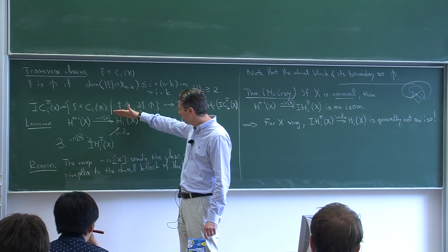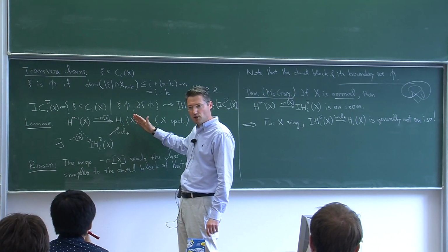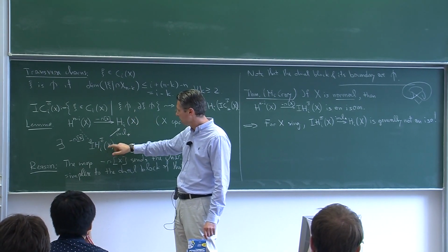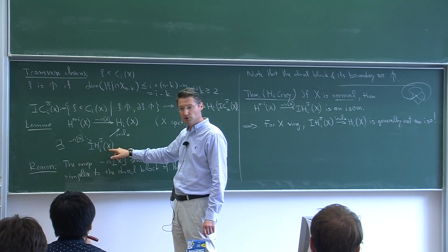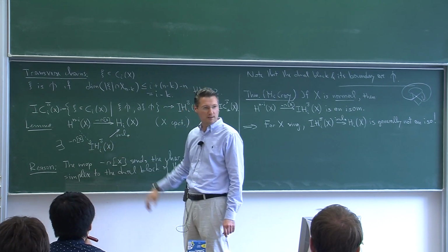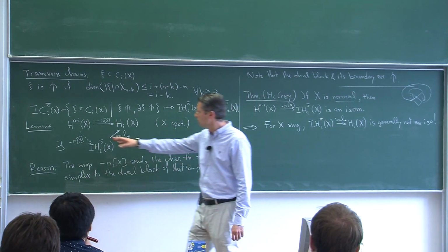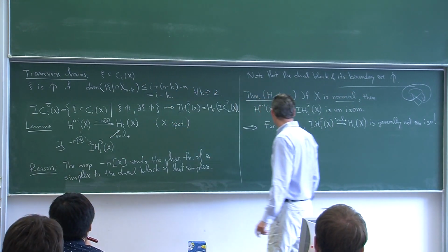If, given an arbitrary chain, I could invent some clever moves, some perturbations that make it transverse to the strata, then this would be an isomorphism, right? And then the composition would be an isomorphism.